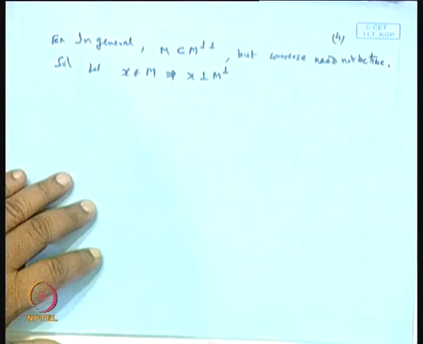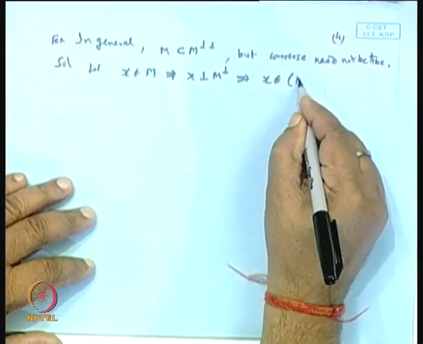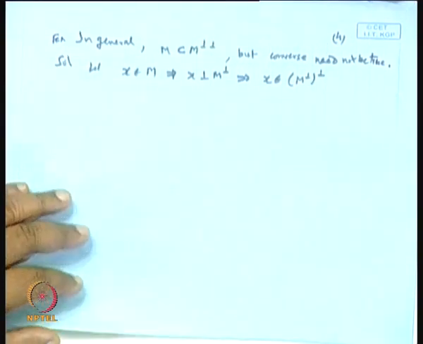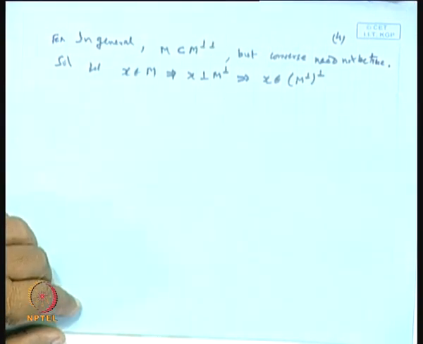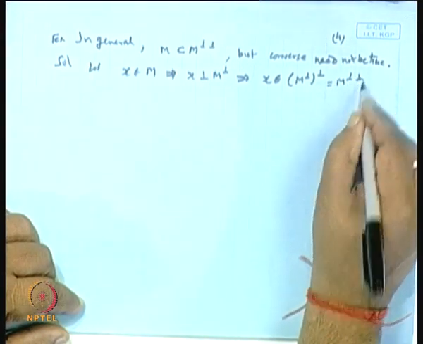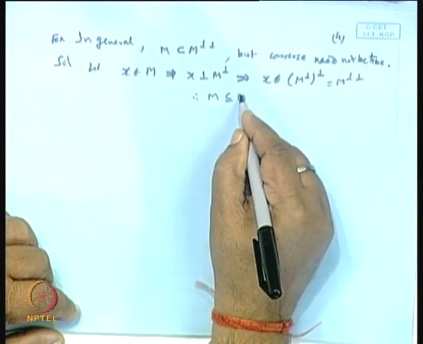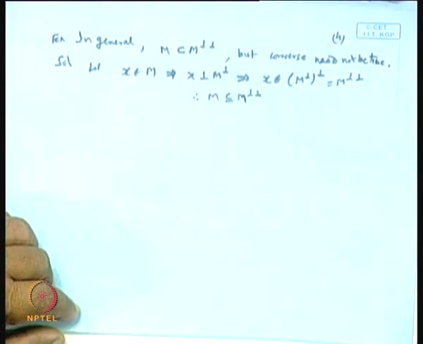Once it is orthogonal complement, x must be a point of M perpendicular perpendicular, is it not? So M is a subset of M orthogonal complement orthogonal complement. Okay.